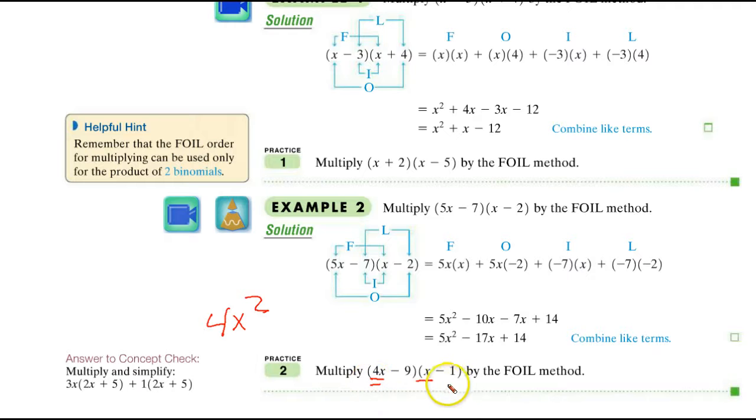Now, this times this, a negative 4x. Now my inners, this times this, will be a negative 9x. And then this times this, which is a positive 9. Grouping like terms, 4x squared minus 13x plus 9.